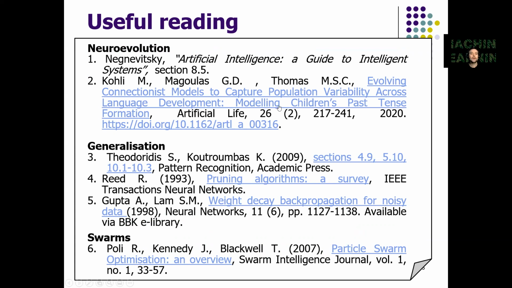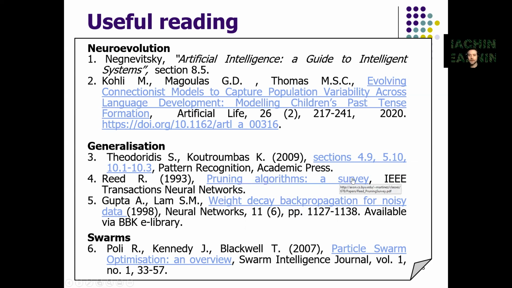This is the article that I mentioned with hybrid genetic algorithms for evolving the population of neural networks. The pattern recognition book has the material on validation and generalization, which I used, and a couple of articles, one about pruning and another one about weight decay.